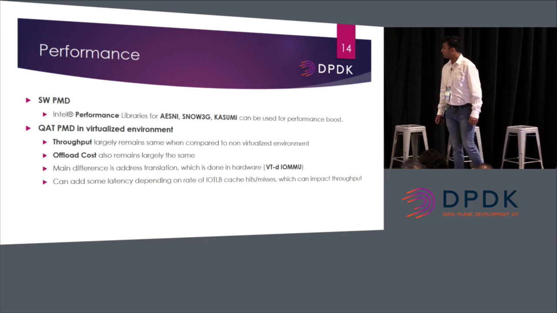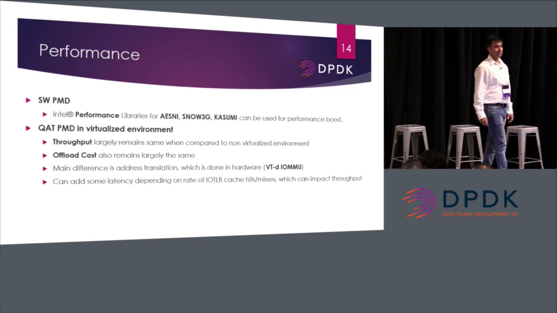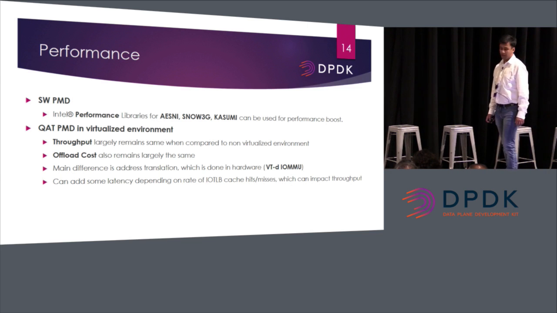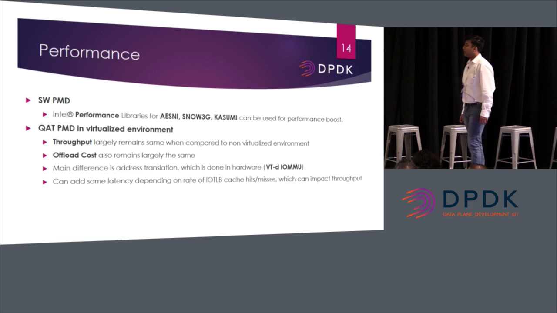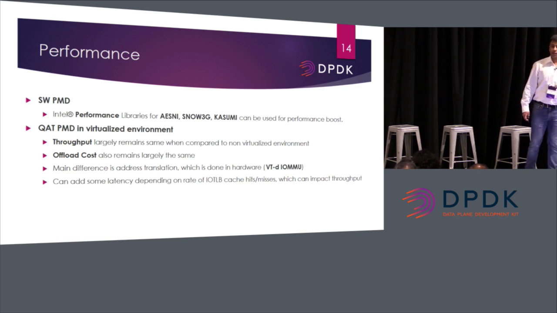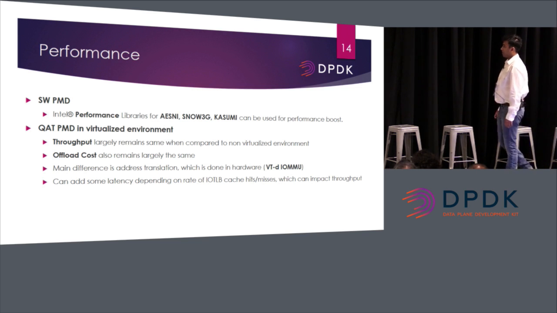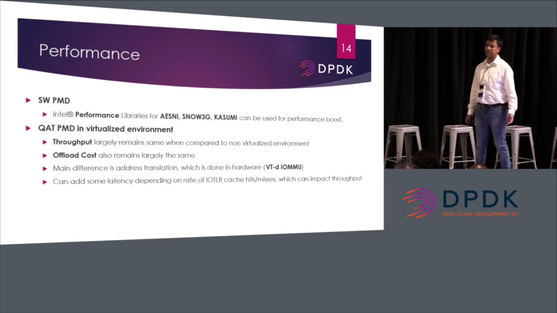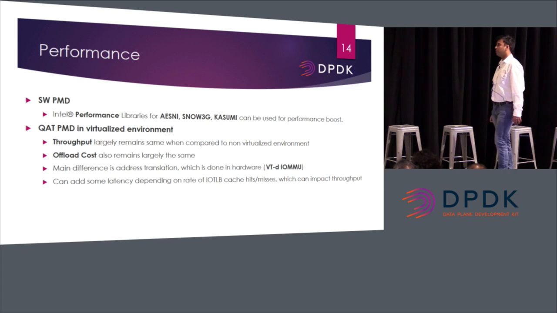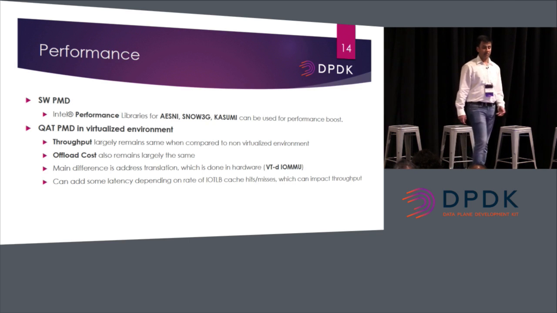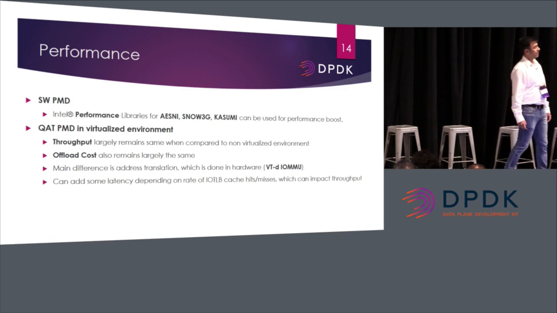The main difference which we encountered in the virtualized environment is address translation, which is done through VT-d IOMMU. The only hit which we can get on the performance or throughput in a virtualized environment is the rate of IOTLB cache misses. So if we can optimize the code in a way that there are fewer cache misses, then the throughput will improve, and you will see less and less degradation in throughput.